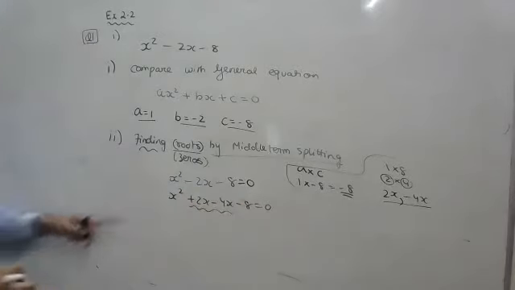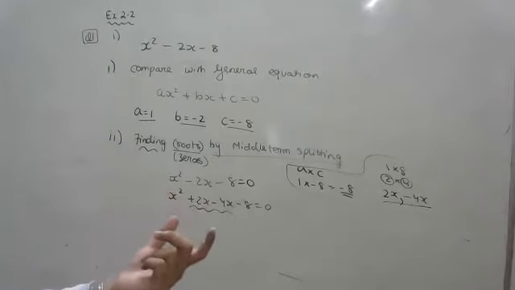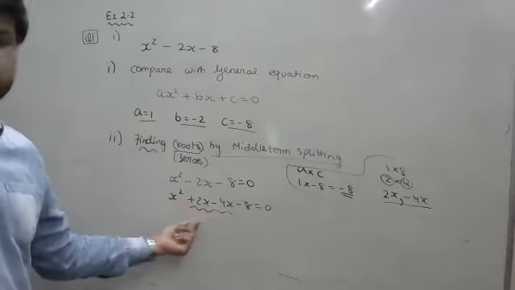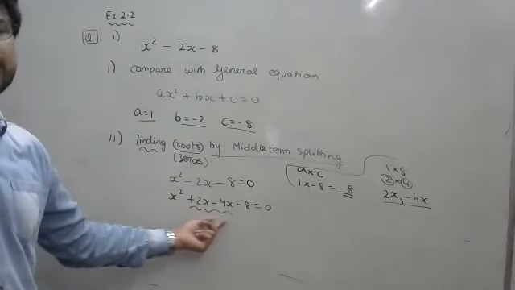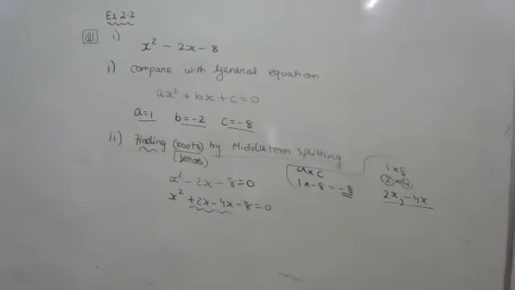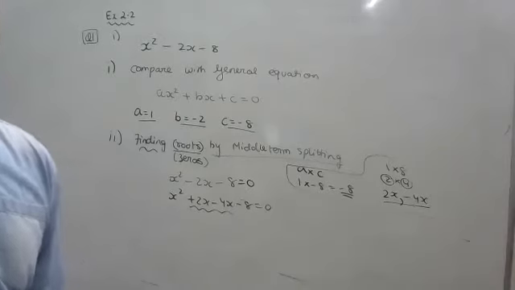What I've done here is write the middle term in a different format. Initially it was minus 2x. Now I am writing it as 2x and minus 4x. 2x minus 4x is minus 2x. So the middle term splitting for minus 2x is plus 2x and minus 4x.